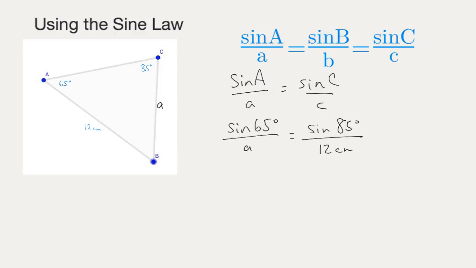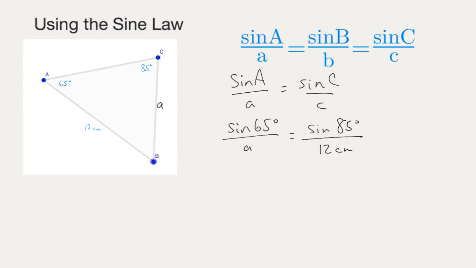I need to solve for A, and we can never solve for something that's in a denominator, so we have to get it out of the denominator. I do that by cross multiplying, by which anything in a denominator goes up, and anything up here can go diagonally down across there.